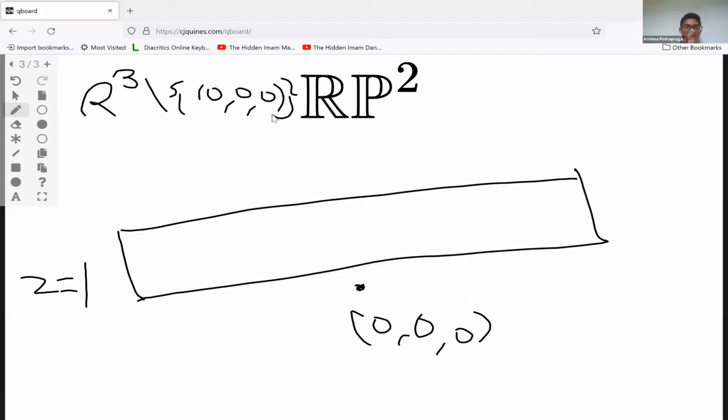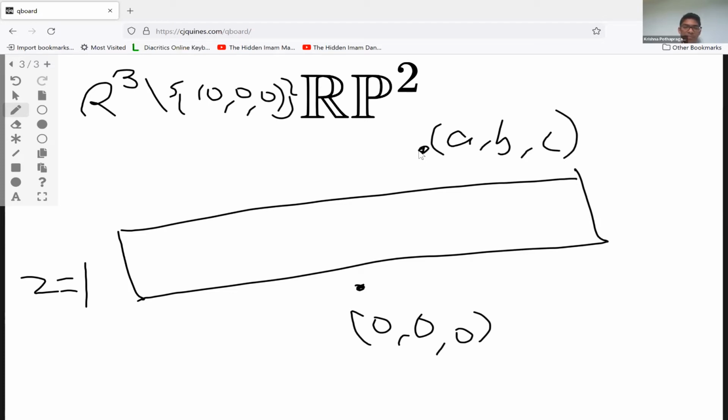I have no idea if any of this notation is standard, but I believe it is. We map all these points onto the plane z equals 1, and this will be the real projective plane.